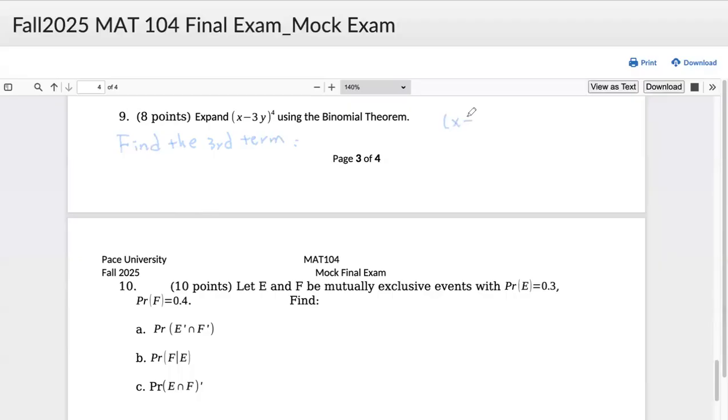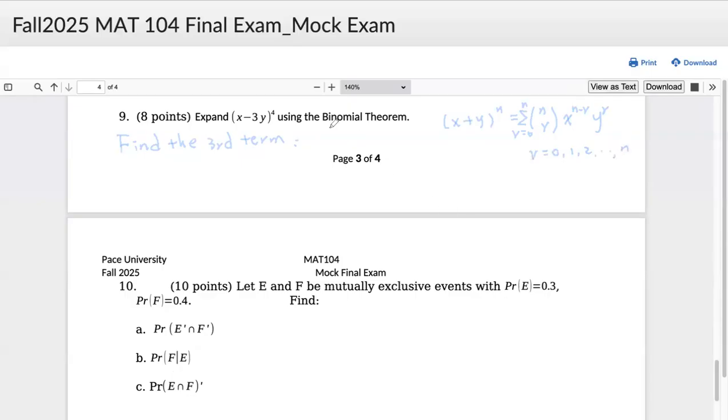Remember, the formula is (x plus y) raised to n equals the summation, r goes from 0 up to n, of n choose r, then x goes in descending order and y goes in ascending order, with r increasing from 0, 1, 2, until n.